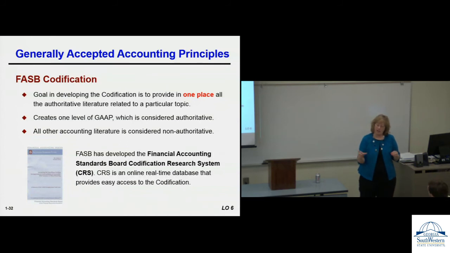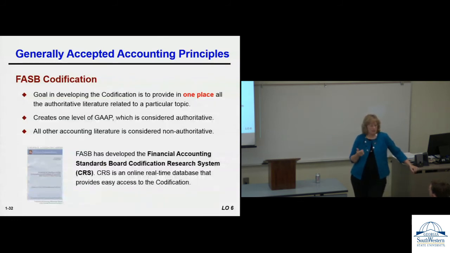And you would have the rules of accounting in these books up on shelves. Then they would issue a new standard and say, take out pages 20 through 50 in this book and replace them with these pages right here. They'd send the accounting firms loose leaf sheets of paper to change all their rules.